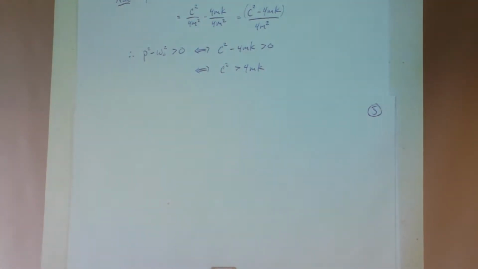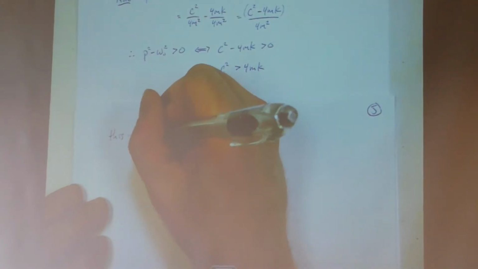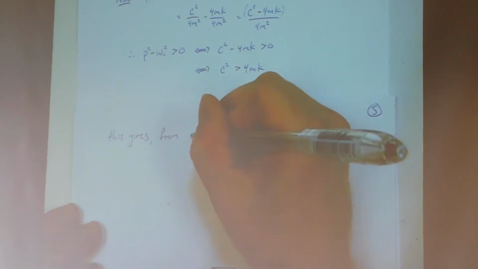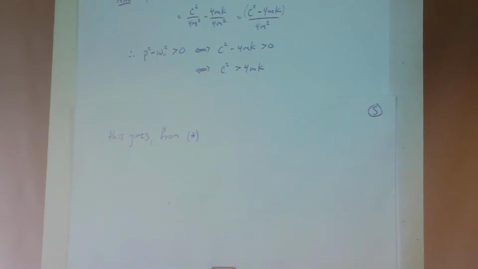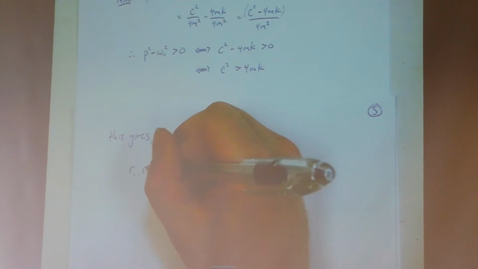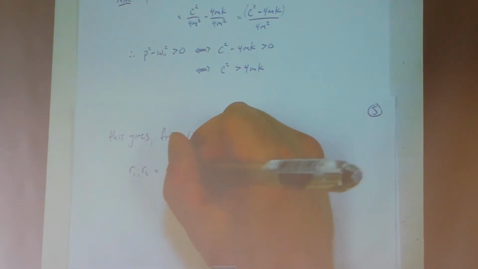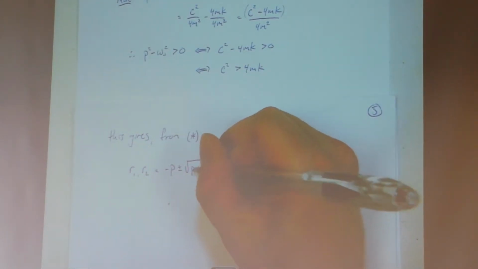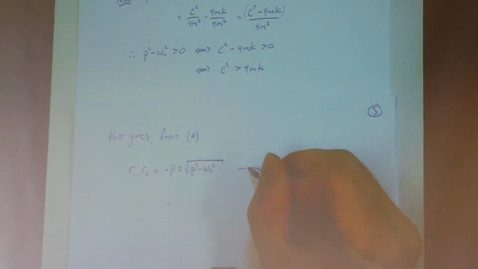So putting this back into what that equation star tells us, we get two distinct real roots: negative p plus or minus the square root of p squared minus omega naught squared. So this is two distinct real roots.